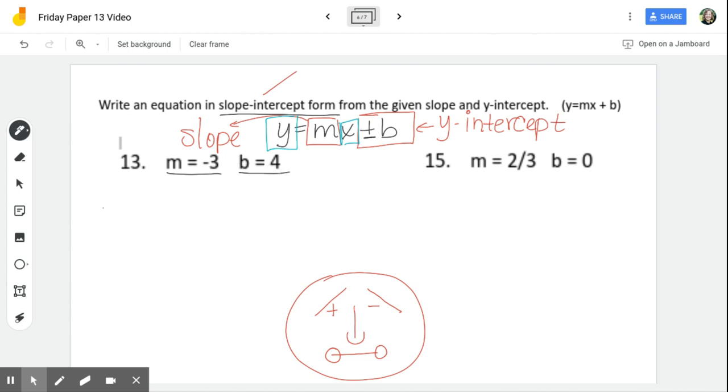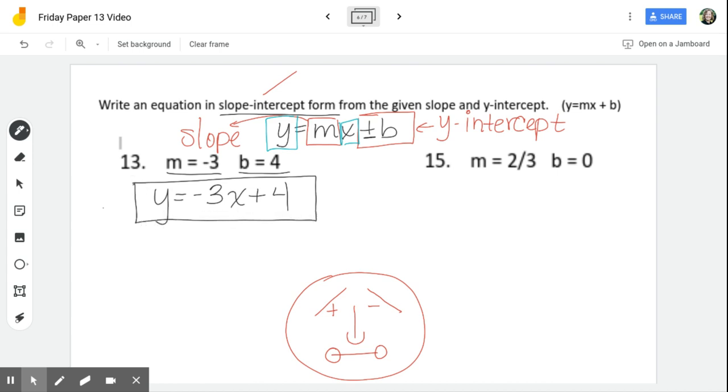We're going to plug them in or substitute them in for the values. So y equals -3, x stays the same, and that's a positive 4, so I'm going to put plus 4. So this is the answer to number 13.